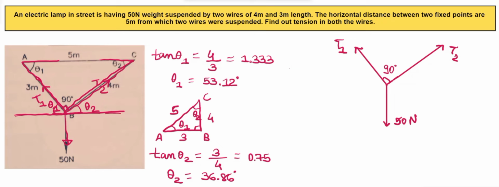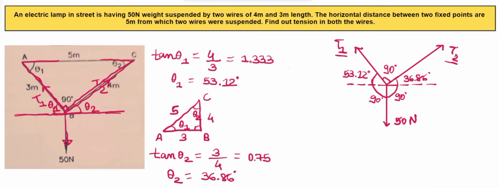Then let's just write the angles. Between this T1 and T2, the angle is 90 degree, which is given in the question. T2 is making an angle of 36.86 degree with the horizontal. This angle is 90 degree. T1 is making an angle of 53.12 degree with the horizontal. We'll just write that.